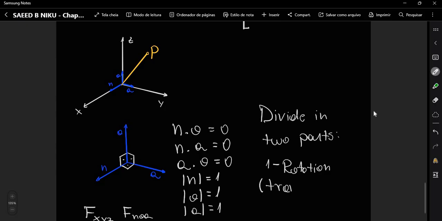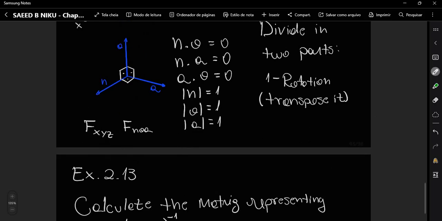So we transpose this first part. The second part is the position. And for this, we calculate the negative product of P with each of these vectors this way.